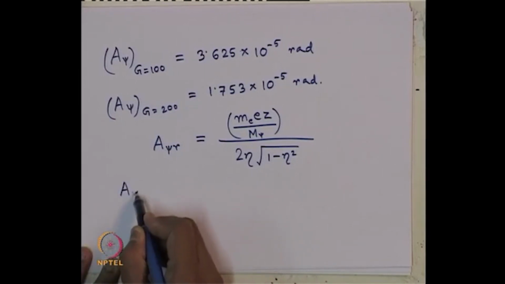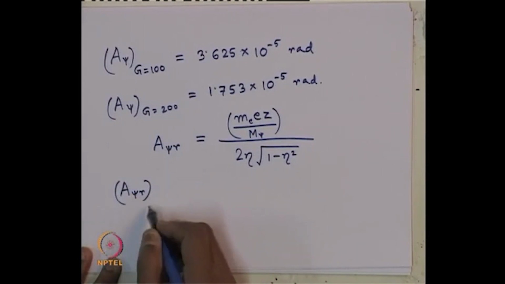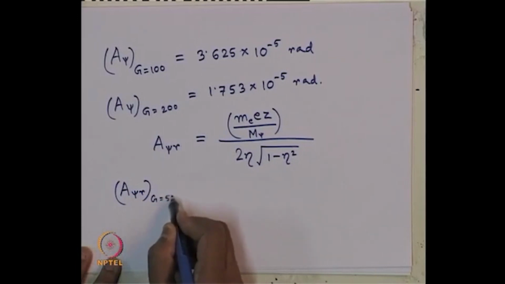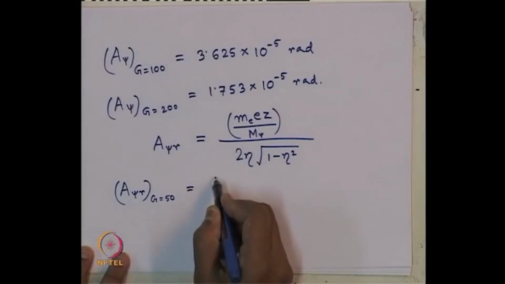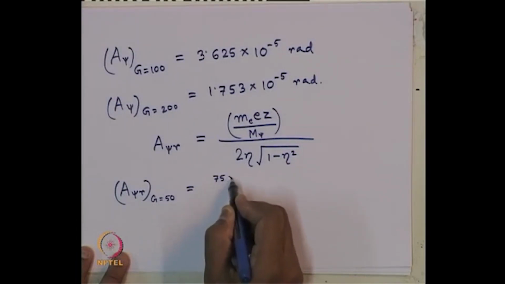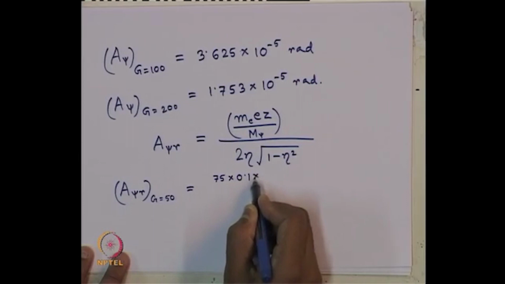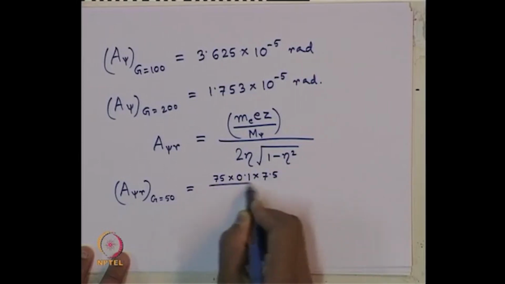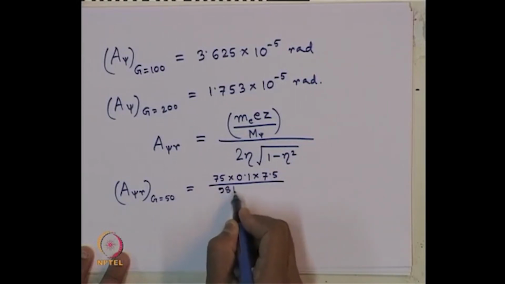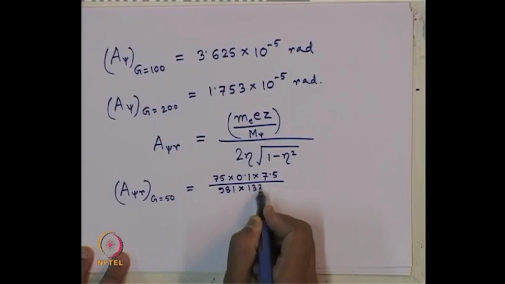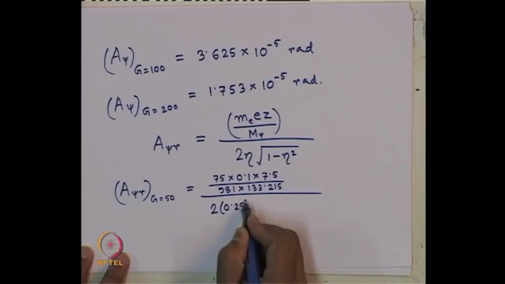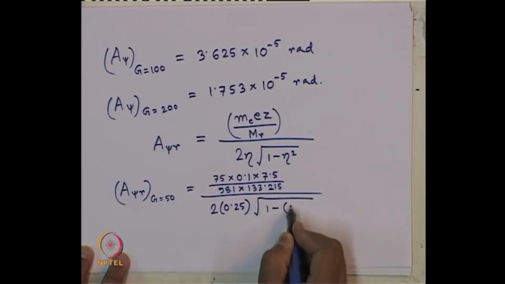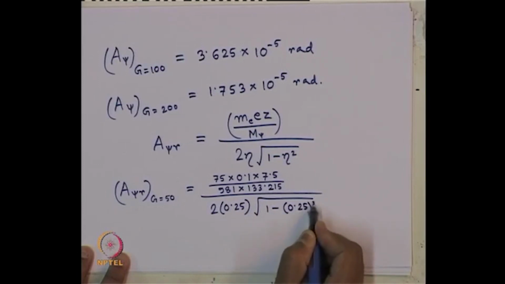So, A psi r for G equals to 50 will be 75 into 0.1 into 7.5 by 981 into 133.215 divided by 2.25 root over 1 minus 0.25 square.